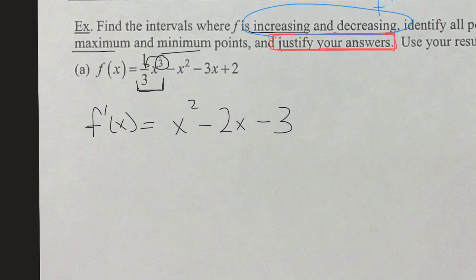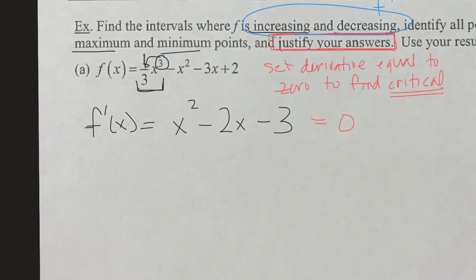And we want to first find our critical points. So we want to set the derivative equal to 0, and we want to factor our quadratic. What numbers multiply to give you -3 and add to give -2? -3 and +1.